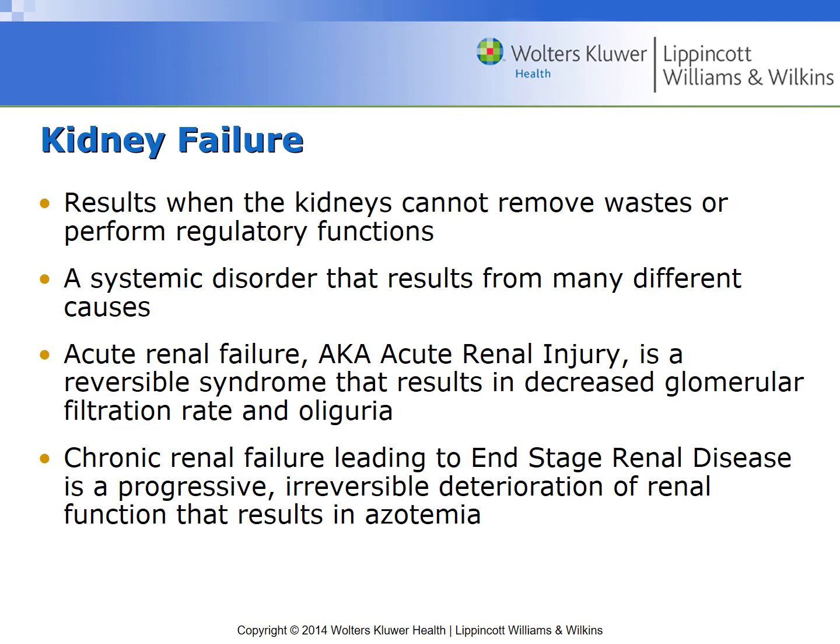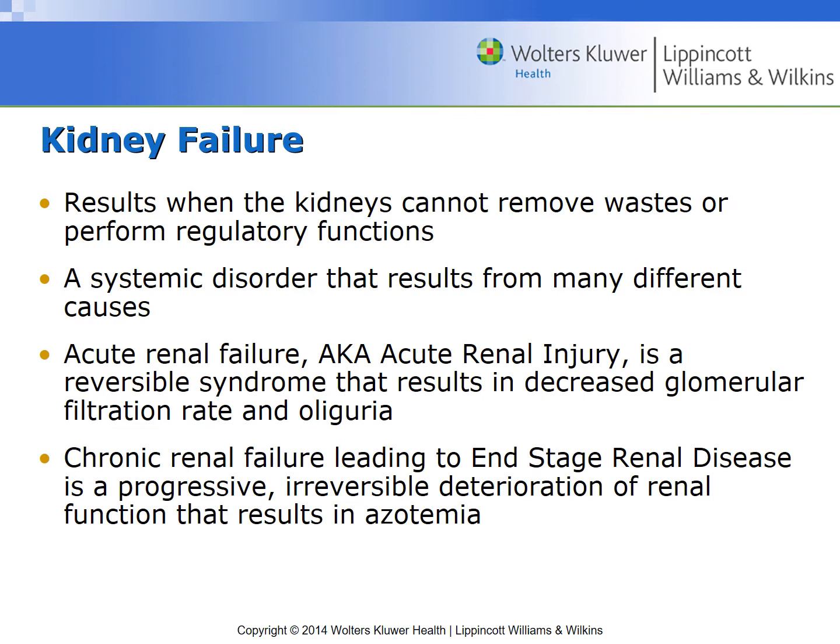And so, our glomerular filtration rate is one thing that we look at. When that glomerulus is damaged, then we're going to have problems with our kidneys and our whole systemic system, because we're going to hold on to waste that is toxic to the body, that is poisonous to the body.